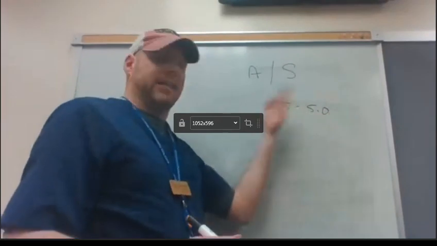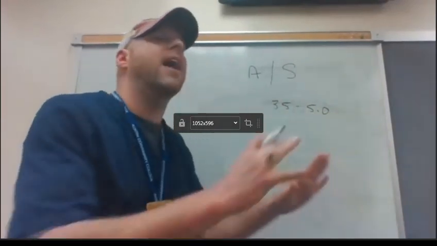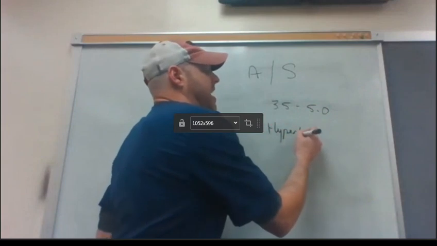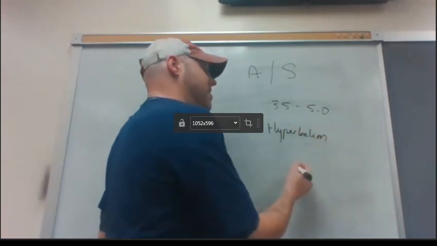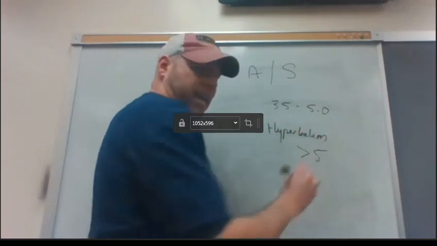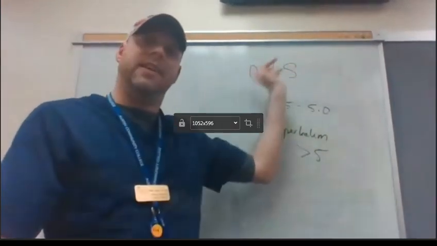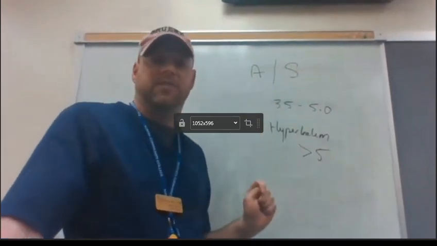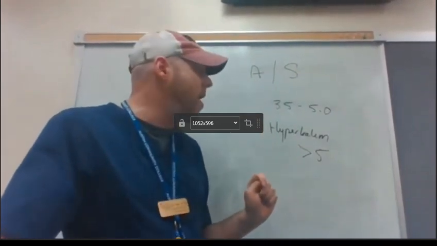You're not at risk for low. Those were the others. You're at risk for hyperkalemia, known as greater than 5. Correct? So this is the one that's different. This is the one the students usually confuse their potassium levels with.